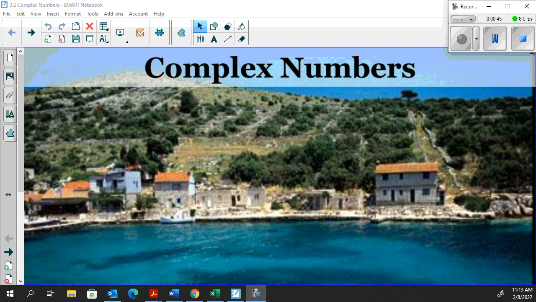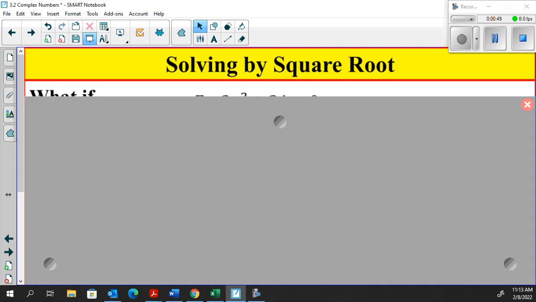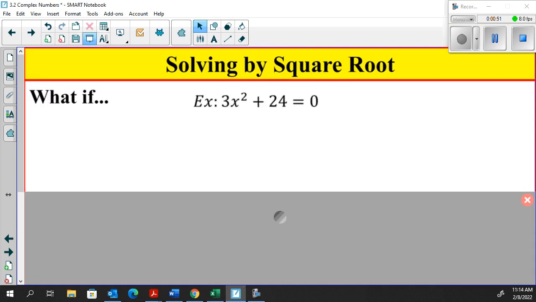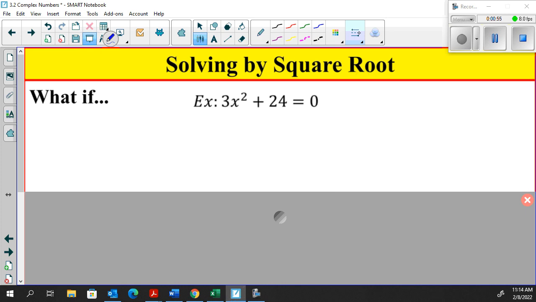So let's say you have this equation, and I ask you to solve it. What would you do? Subtract 24, you get 3x squared equals negative 24. Then what? Divide by 3, you get x squared equals negative 8. Then what?